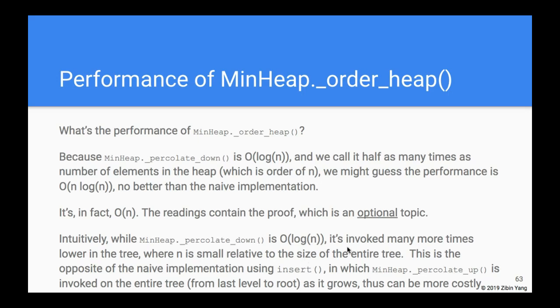When you compare this to the naive approach in which insert is used, remember insert uses percolate up, and percolate up always takes the last element and potentially moves it all the way to the position of the first element in the heap. Even though the tree is small when it starts, over time it grows and can get pretty big.